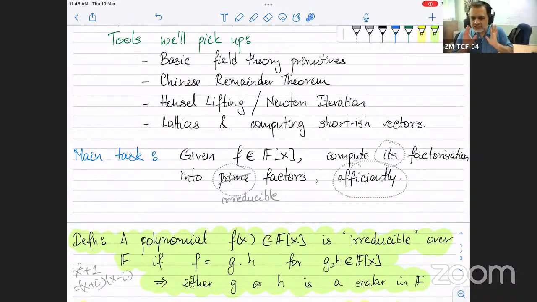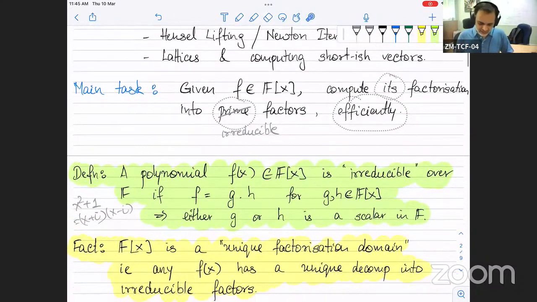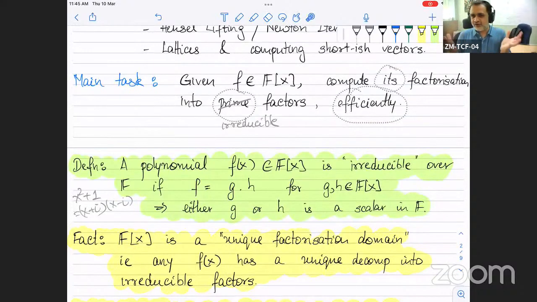Okay, and rather than prove these things, since proving this is sort of a digression, I'll just tell you that the polynomial ring, that is, a ring whose coefficients come from some field, forms what is called a unique factorization domain, in the sense that every polynomial can be uniquely written as a product of irreducible factors.